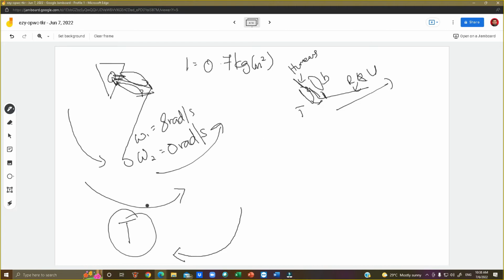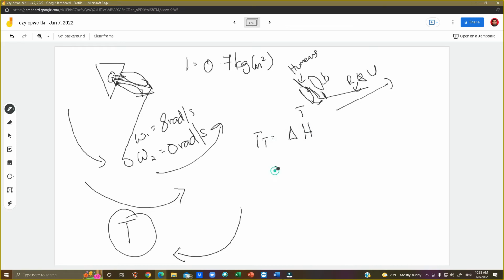So how much angular impulse needed in order to stop this particular movement? So dia dah bagi dah, dia ada omega 1, dia ada omega 2. So you can find out how much angular impulse by using the formula of change of momentum. Okay.